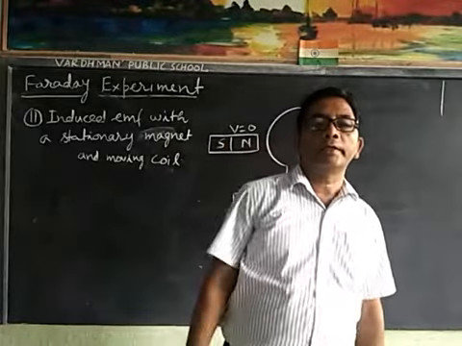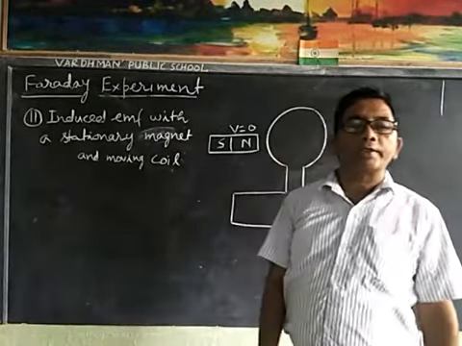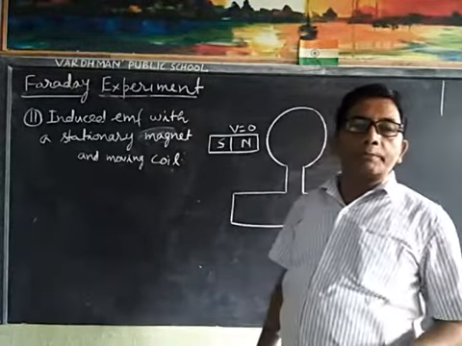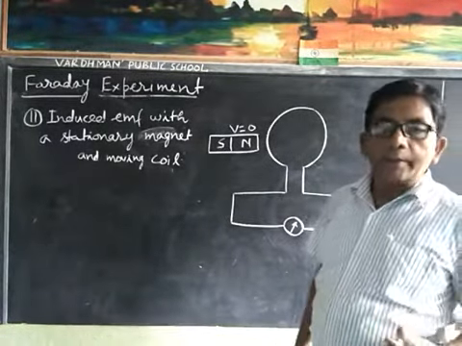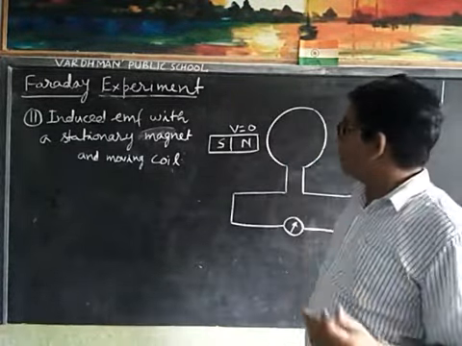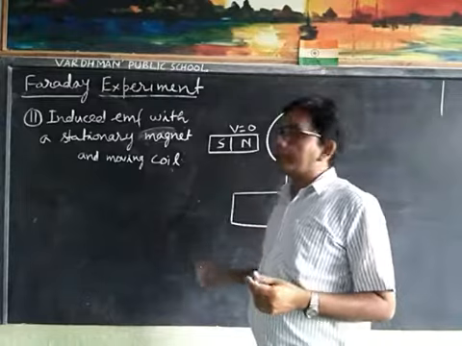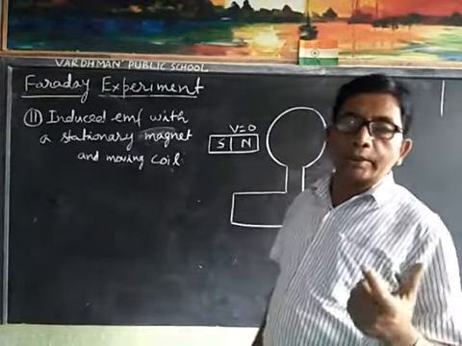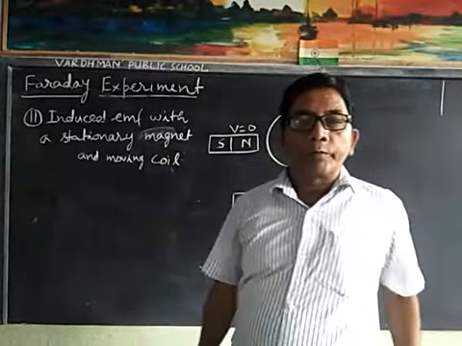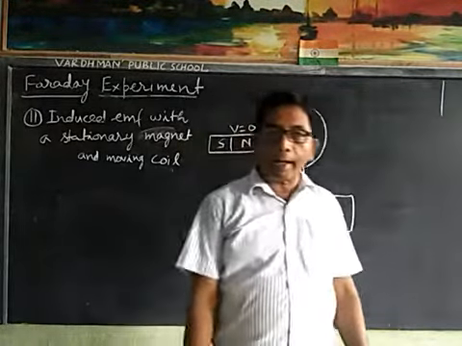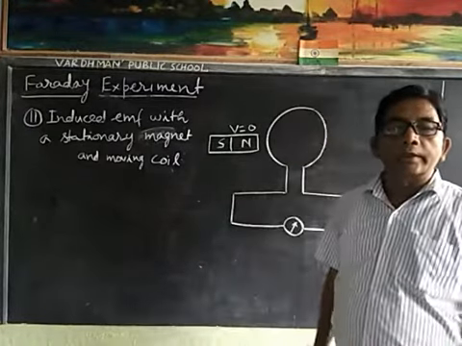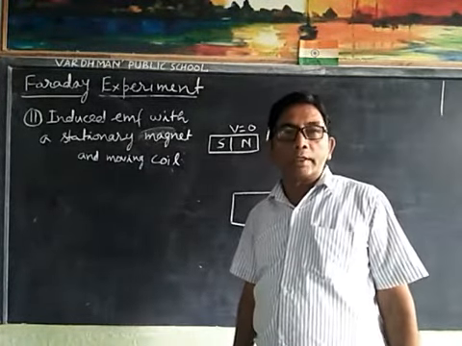A similar result is obtained as in the first experiment if the magnet is held stationary and the coil is moved. When the relative motion between coil and magnet is fast, the deflection in the galvanometer is large.